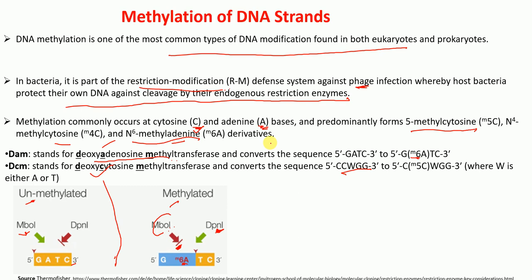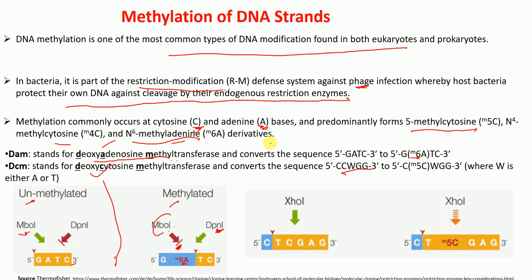It can not only block, guys, but it can also result in partial digestion. For example, for XHO1, when there is no methylation, it can easily cut, recognizing this sequence. But when there is methylation at this cytosine, 5-methyl cytosine, the cut by XHO1 is restricted. There is partial restriction digestion by this enzyme.